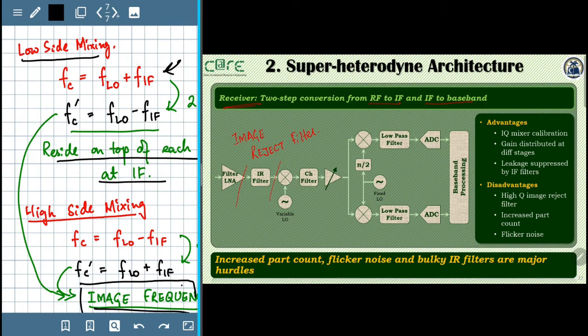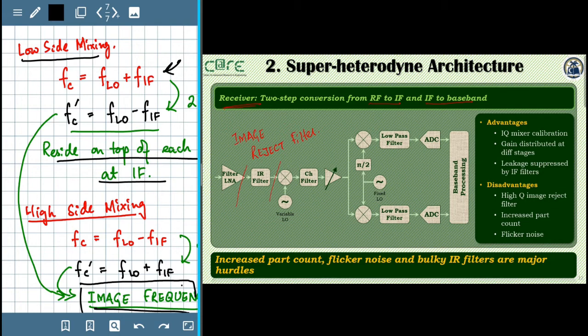in all superheterodyne architectures because the conversion is being done in 2 steps, and besides your center frequency of interest, there exists another center frequency which is 2 FIF apart, 2 times the intermediate frequency apart from your desired center frequency, that also gets through.